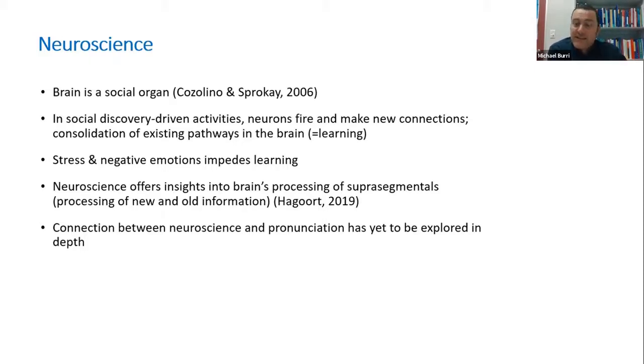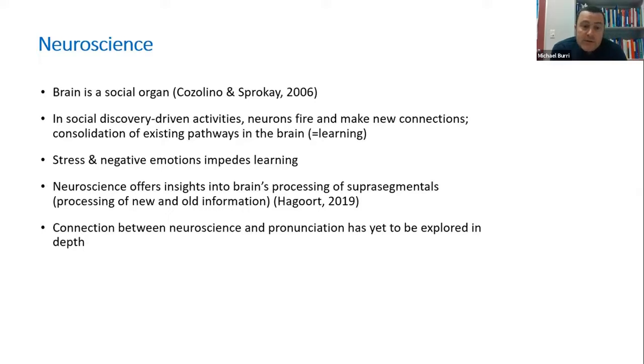And you can see the link here to what Amanda just said, to the coaching model, right? There needs to be interpersonal contact for neurons to fire and to make new connections, basically, and to consolidate existing pathways in the brain, which ultimately is learning. But what we also know is that stress and negative emotions impede learning. So the teacher has a great impact on the students, and it's of utmost importance that the teacher creates a positive learning environment.